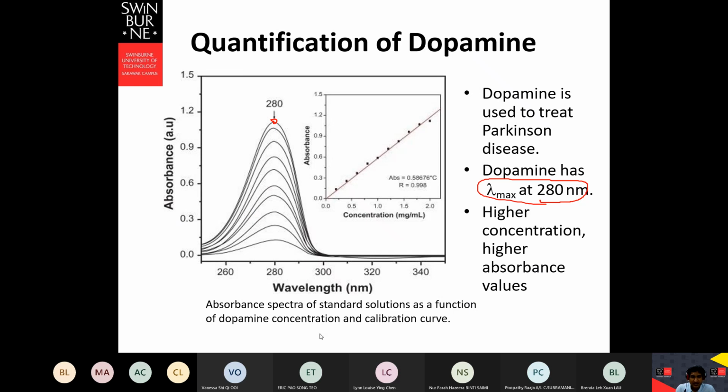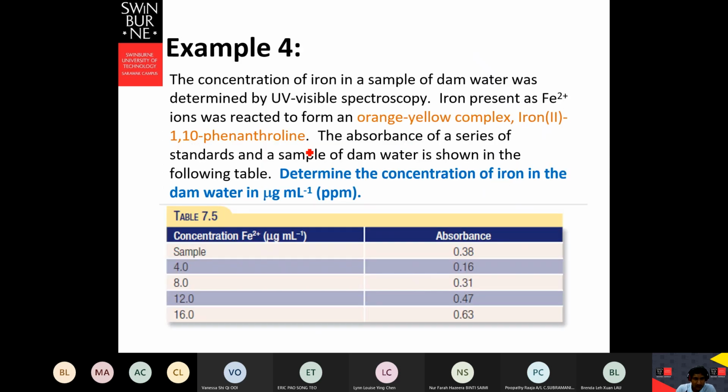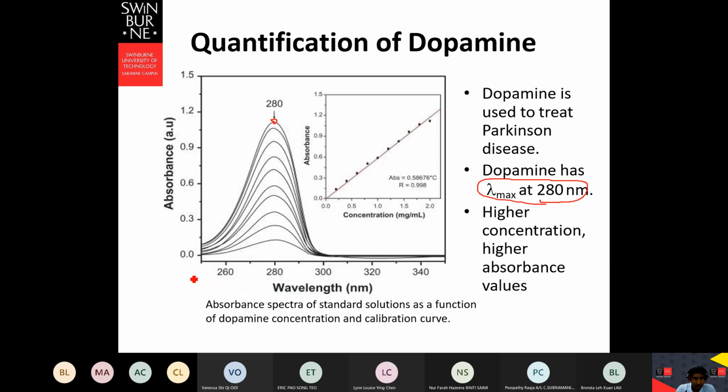So now the question is telling us how we can quantify the dopamine. First of all, we will take a known concentration of dopamine, like number 1 here, then number 2, number 3, number 4. We will take number 5, and if you want to make more, we can make more.